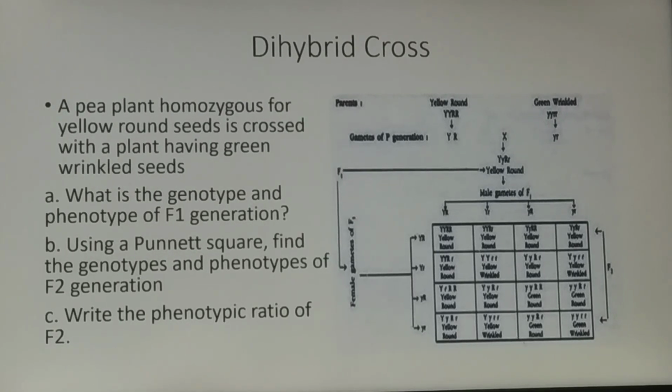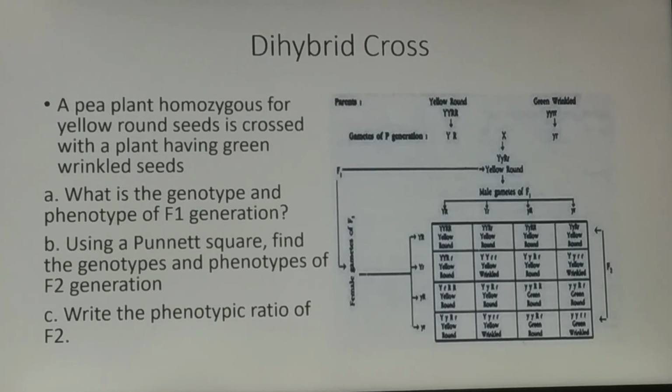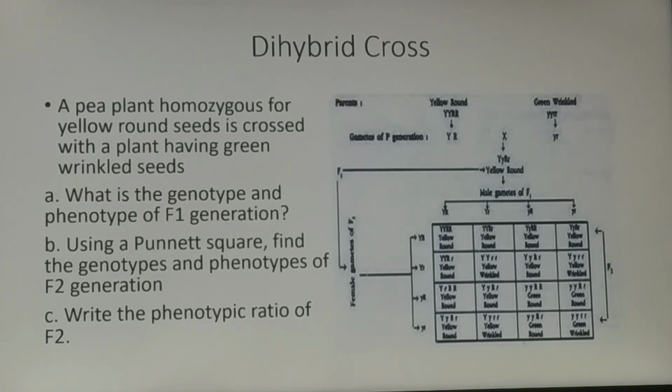Then the next step. What is the next step? The fusion of the 2 gametes. So the fusion of the gametes results in the F1 generation. So what is the F1 generation? You can see the genotype as capital Y, small y, capital R, small r. That is the genotype. Now what is the phenotype? Capital Y, small y is yellow and capital R, small r is round. So what is the phenotype of the F1 generation?